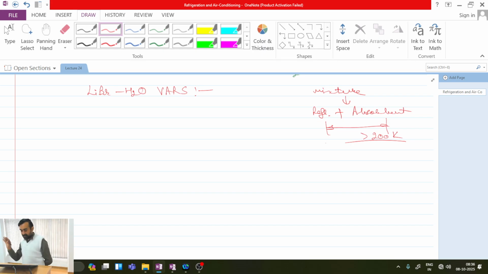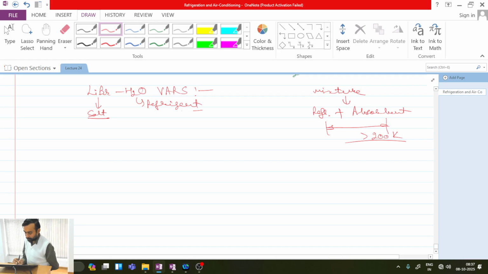Okay, so though this is not exactly the reason for the lithium bromide water system, it has one other advantage. Lithium bromide typically is a salt, and being a salt, it does not boil immediately. So if I use water as my refrigerant, lithium bromide has strong affinity for absorbing water vapor.